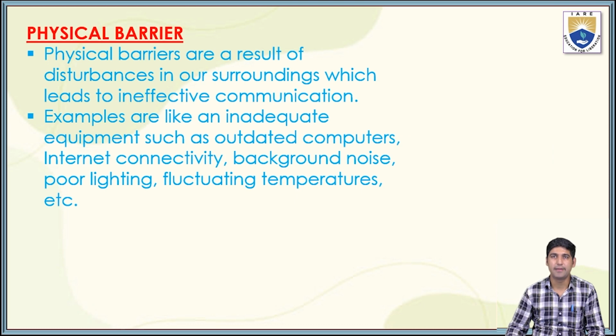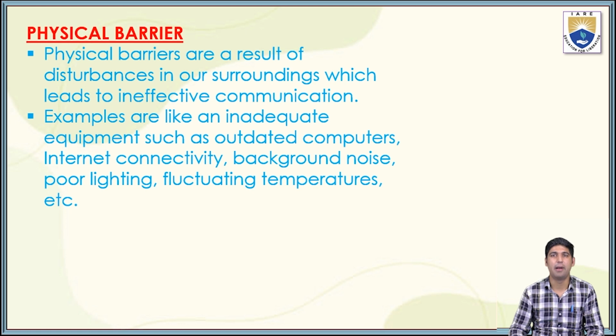What is physical barrier? It means any disturbance in our surroundings which can lead to ineffective communication. For example, right now I'm delivering this lecture. If somebody in the background speaks or shouts, or if we have any disturbance of the light or of any equipment here, that can be counted as a physical barrier.